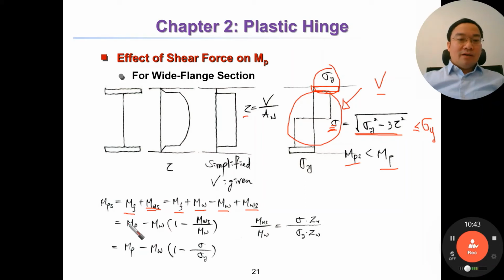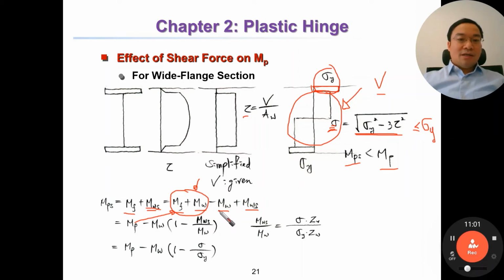Then now we have MPS equal to this one plus this one is MP. In this case, no shear force is considered.